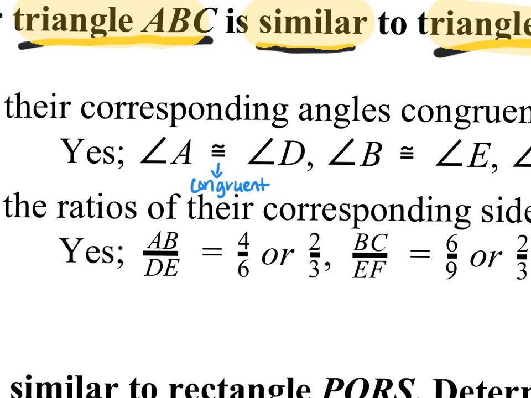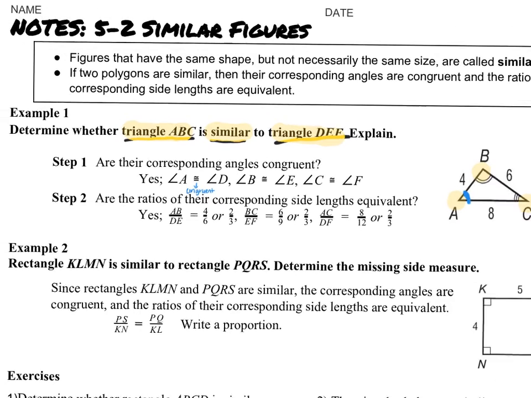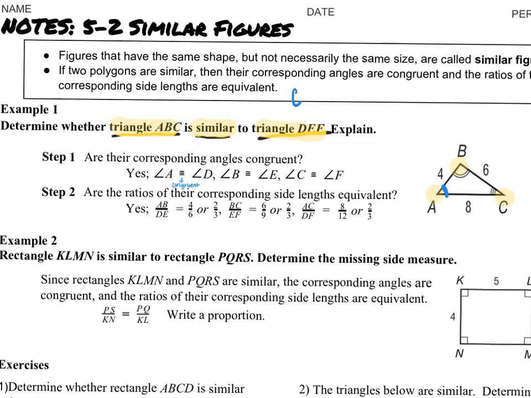You may not be able to write that small, but that little sign right there means congruent. What does congruent mean? Equal. Congruent means equal. So I'm going to write that up here. Congruent means equal. Okay?